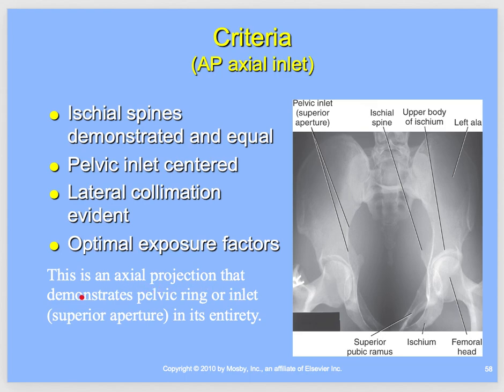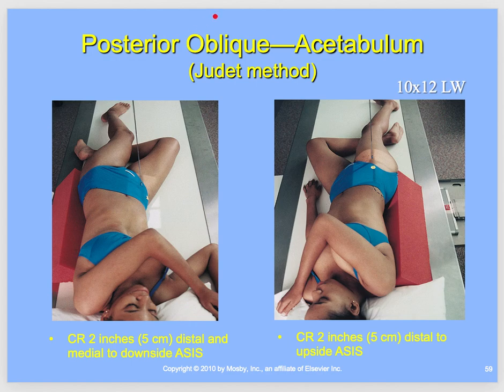It's an axial projection that demonstrates the pelvic ring or inlet, the superior aperture in its entirety, and they're talking about this right here. Okay, so this ring in its entirety. Okay, and it's the only image, the inlet, where you see that entire ring. You won't see it on the outlet.